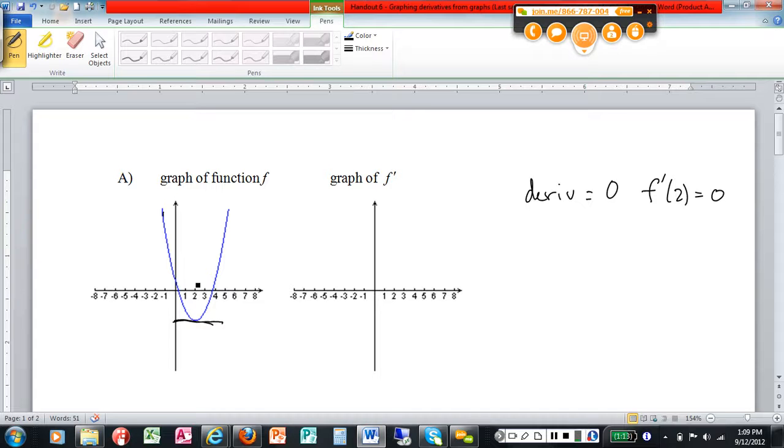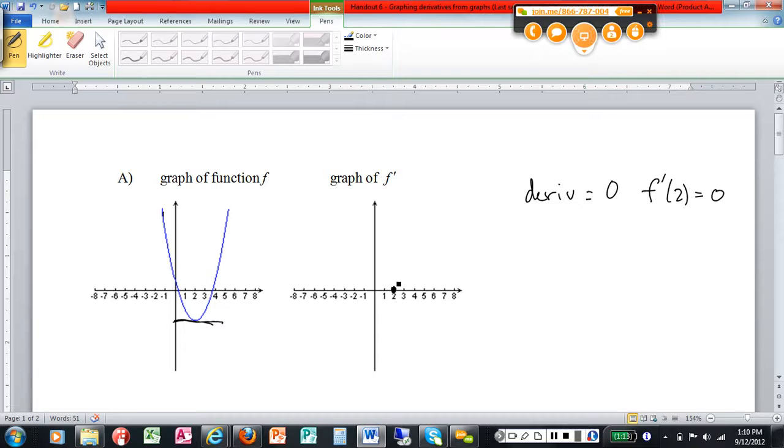Okay? So if I put that over here on the graph of f prime on the right, where does that point go? If I'm graphing the points of f prime, wouldn't that go f prime of 2 equals 0? So wouldn't that go right here? Yeah.